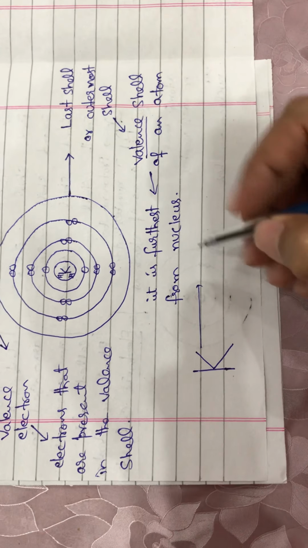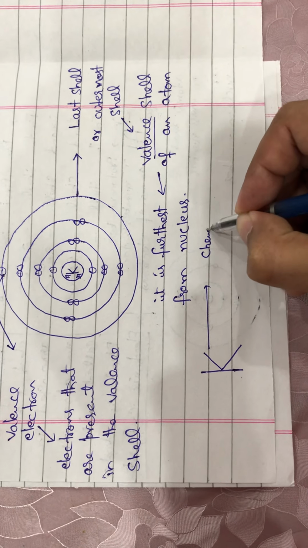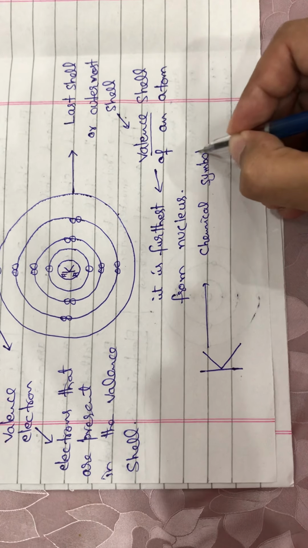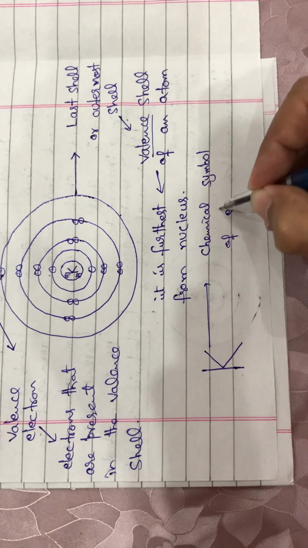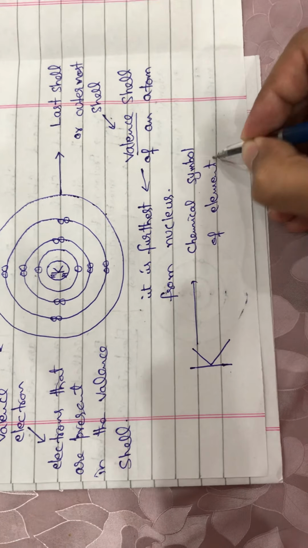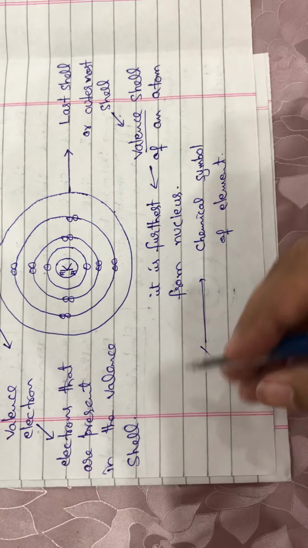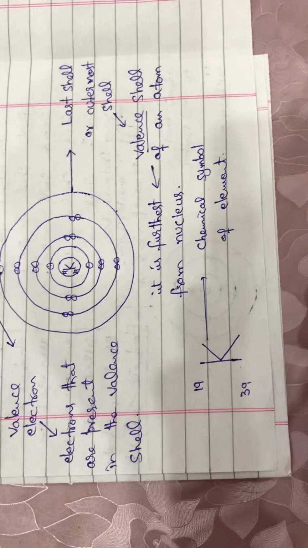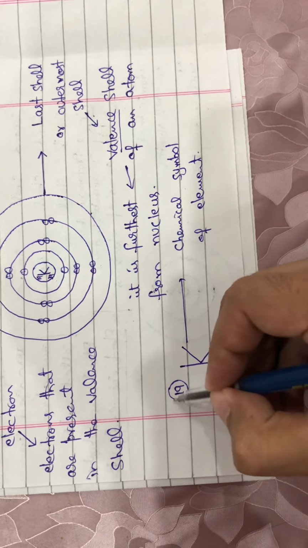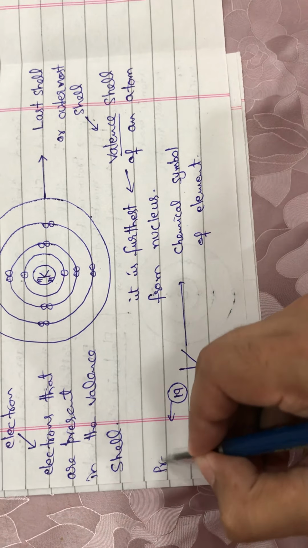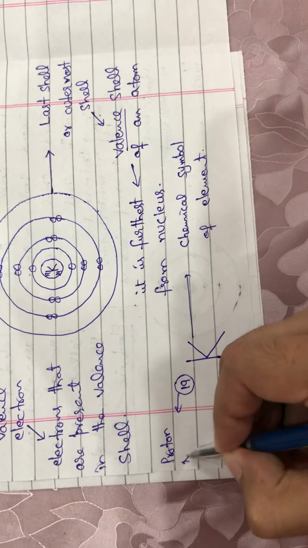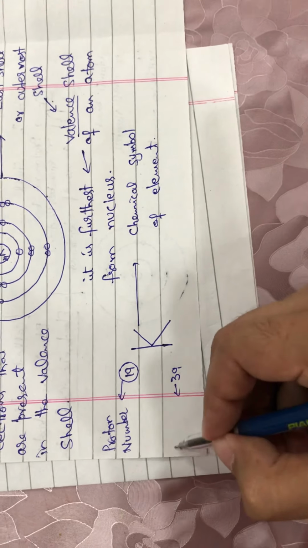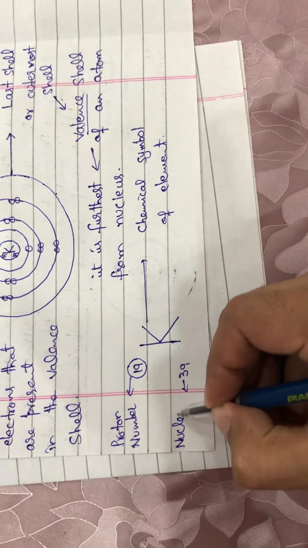This is its chemical symbol or atomic symbol, the chemical symbol of the element. 19 is its atomic number, 39 its atomic mass. We can also write the atomic number as proton number, and this one is its nucleon number.